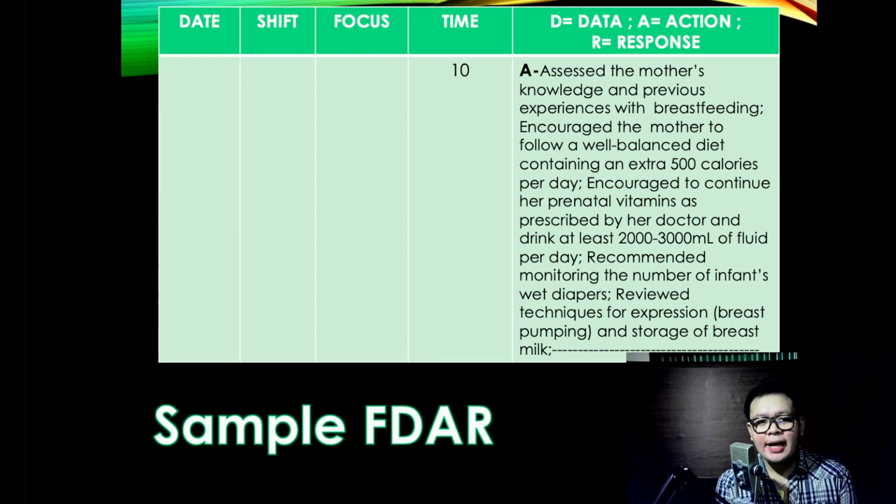Okay, next is you encourage to continue her prenatal vitamins as prescribed by her doctor and drink at least 200 to 300 ml of fluid per day. Next is you recommended monitoring the number of infants' wet diapers. And lastly, you reviewed techniques of expression, breast pumping, and storage of breast milk.